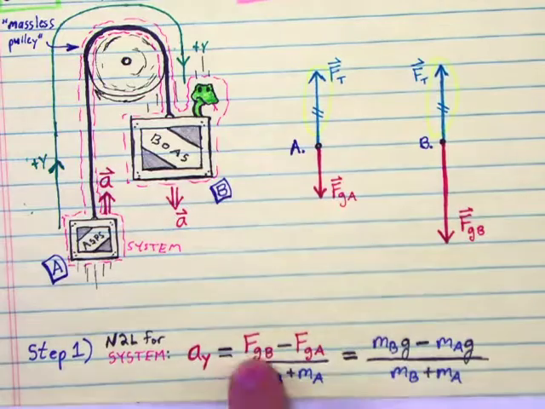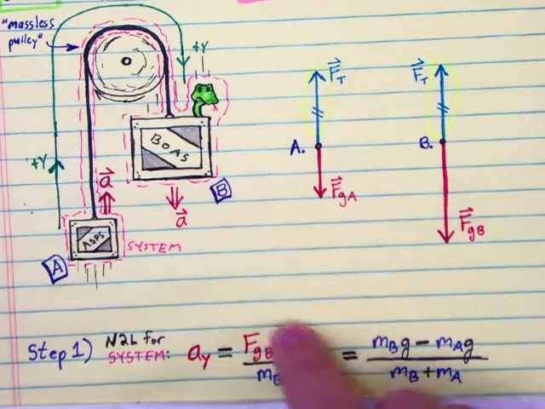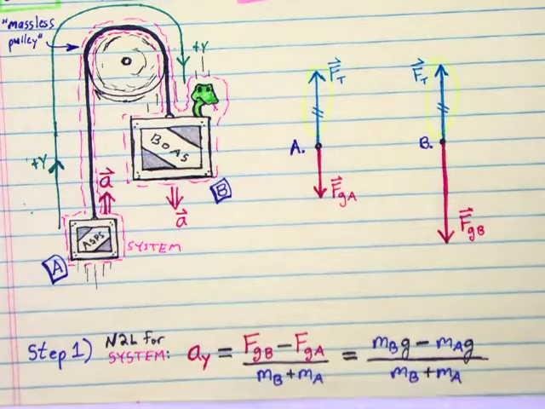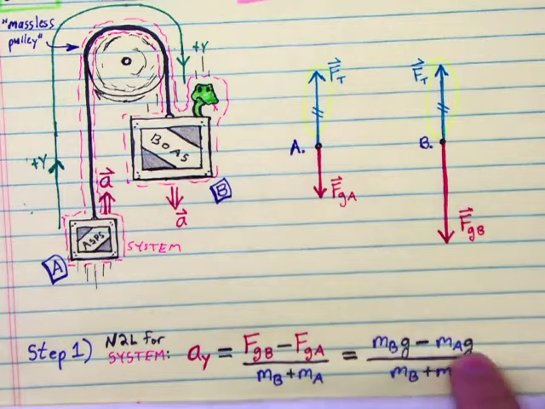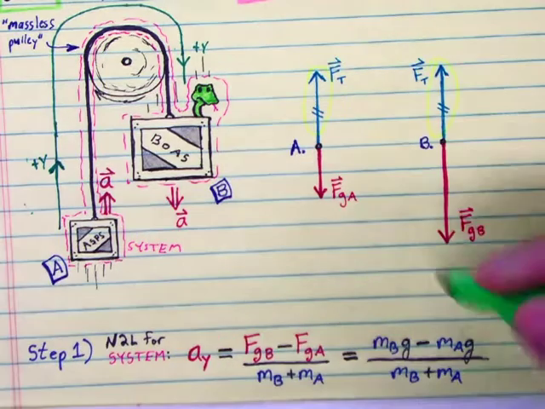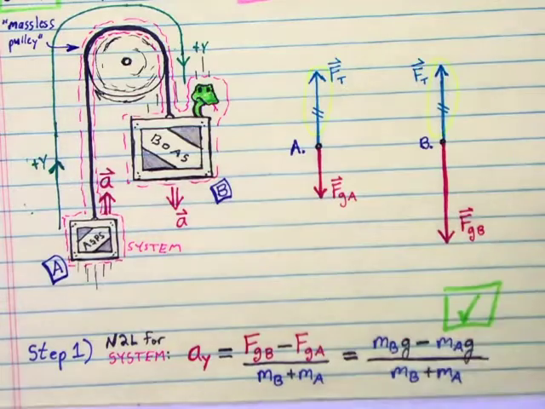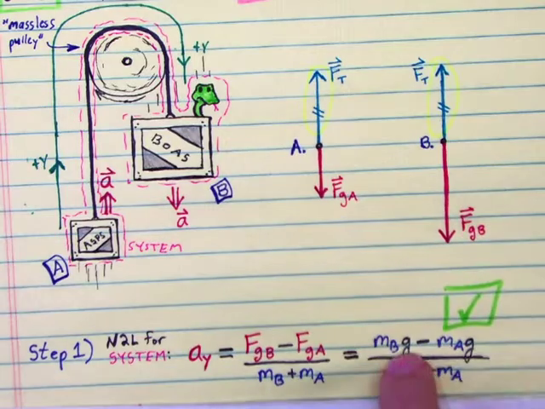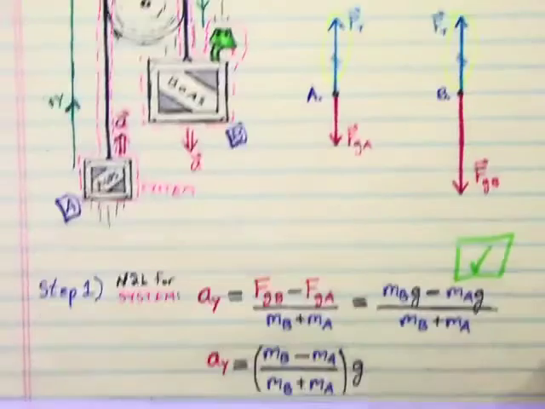Okay, so there's our difference in the forces of gravity for the total mass of our system, and if we can replace those with m_B g and m_A g, then we've got the acceleration of the system just in terms of our givens. So that's step 1. Maybe if I factor out a g here, I could rewrite this once more looking like that.